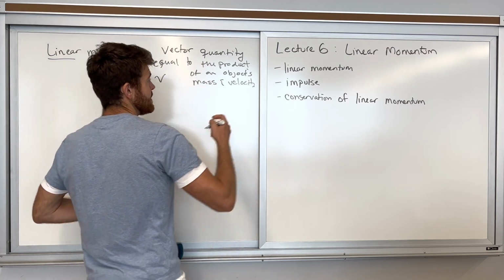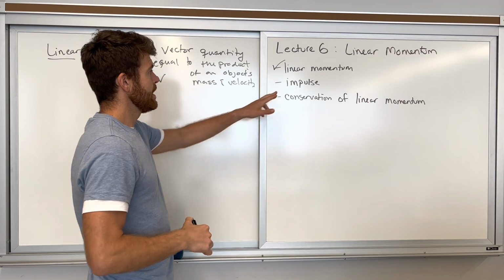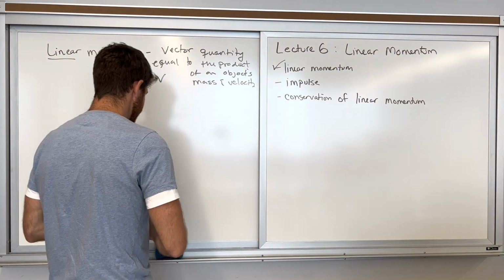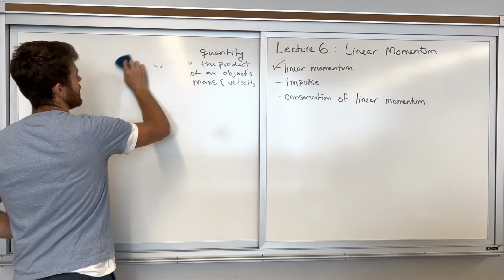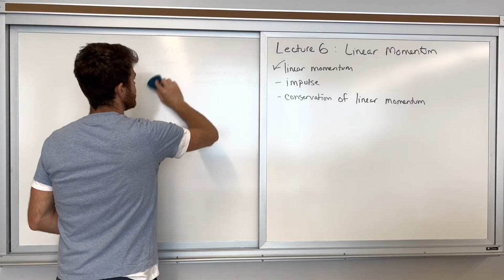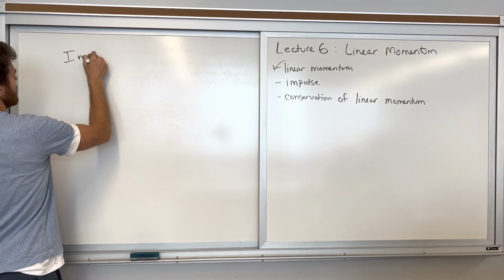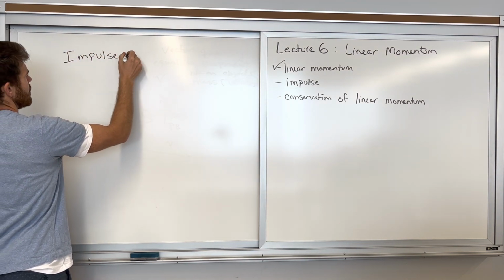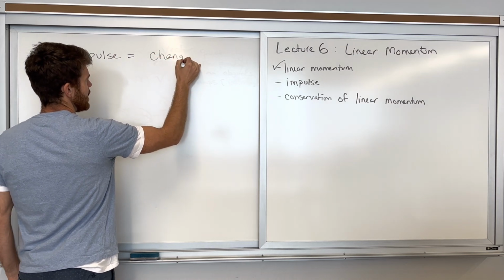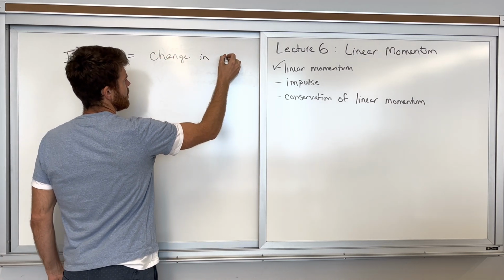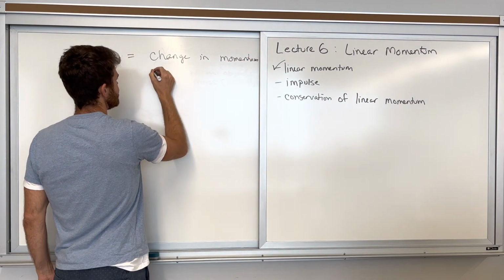And so that brings us to impulse. Impulse is what changes momentum. If you want to change the momentum of an object, you have to exert an impulse on it. The impulse is the change in momentum of an object.